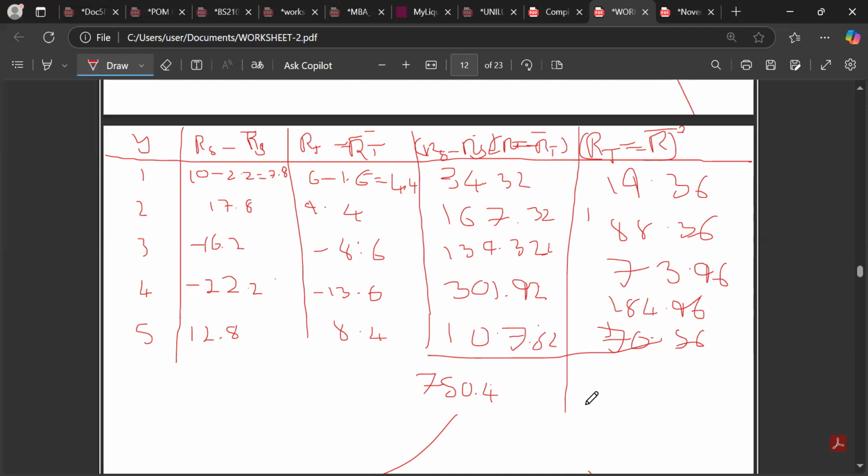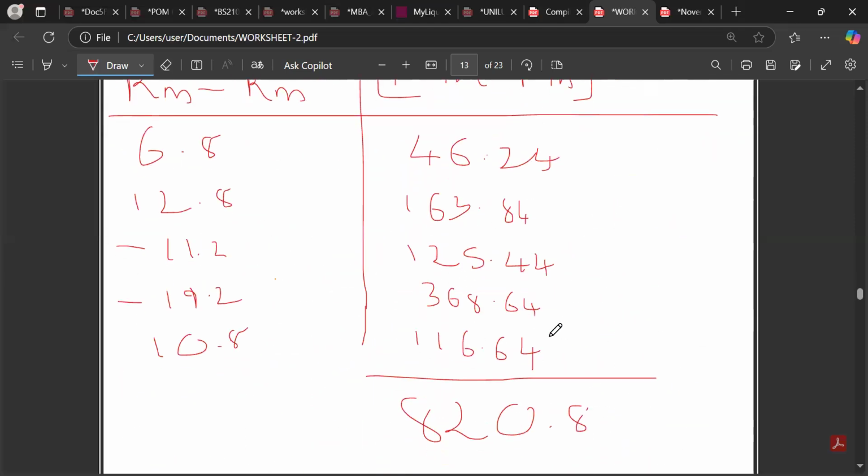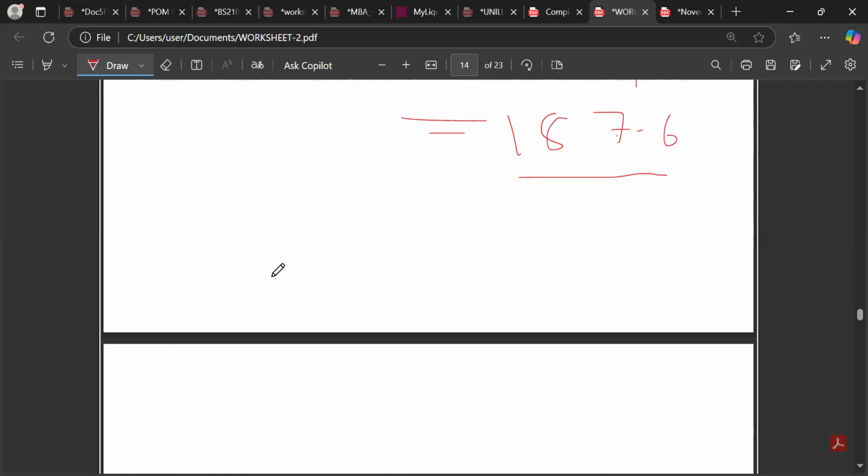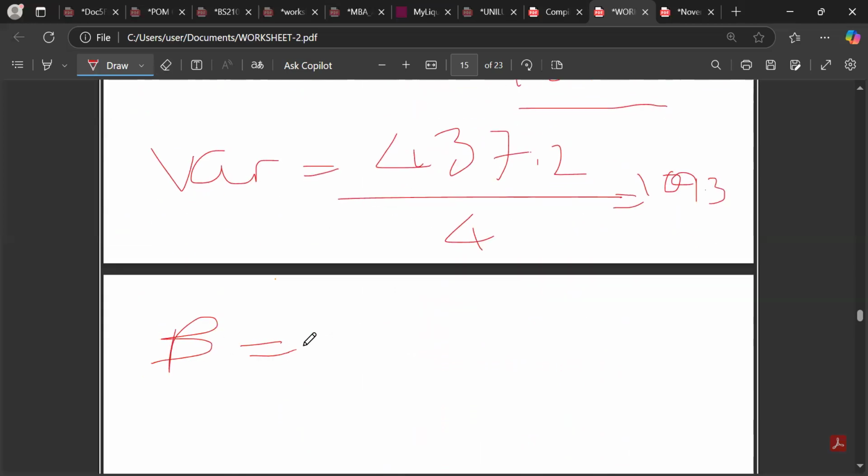We're getting a total of 437.2. Now the variance will be 437.2 over n minus 1, which is just 4. Divided by 4, we're getting 109.3.